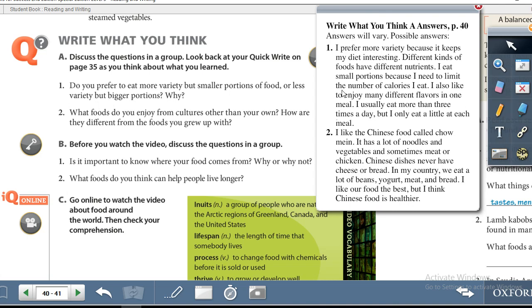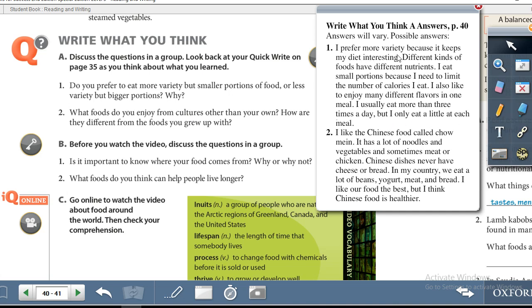Number one, I prefer more variety because it keeps my diet interesting. Different kinds of foods have different nutrients. I eat small portions because I need to limit the number of calories I eat. I also like to enjoy many different flavors in one meal. I usually eat more than 3 times a day, but I only eat a little at each meal.